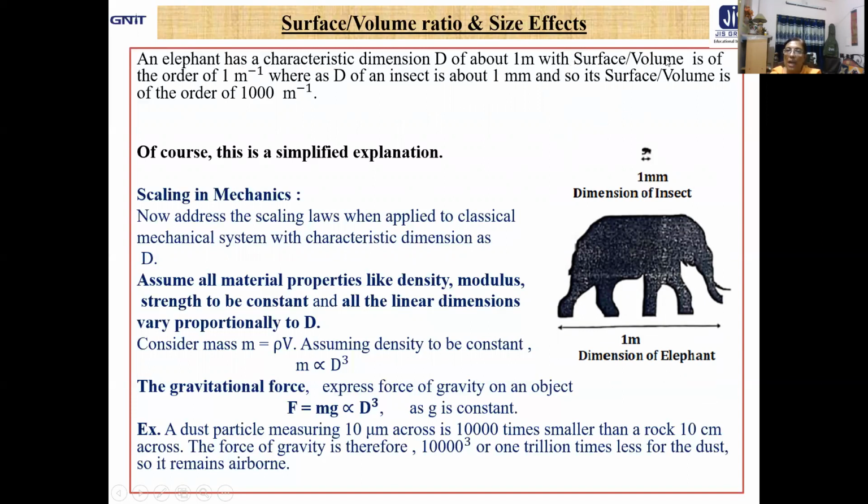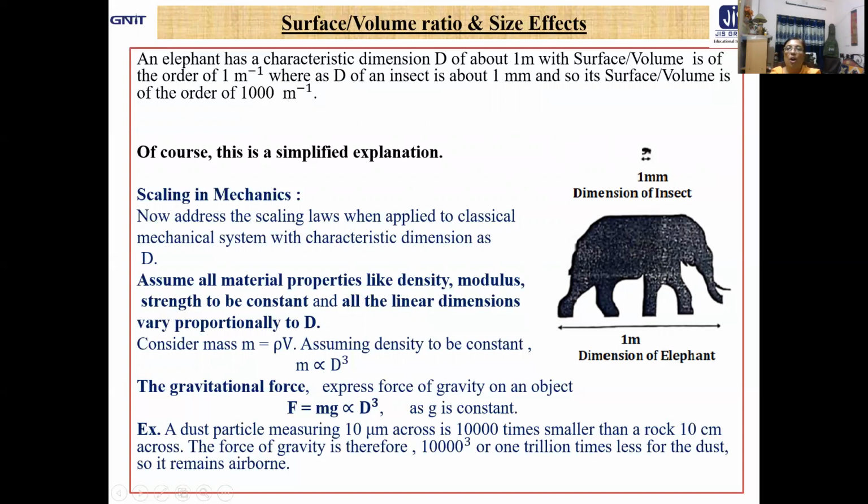That means surface to volume ratio for the elephant is 1 meter inverse, whereas that for the insect it is of the order of 1000 meter inverse, because its characteristic dimension is 1 millimeter and surface to volume comes out as 1 by d. So, for the elephant, mind it, the surface to volume ratio is 1 meter inverse, whereas that for the insect it comes out to be 1000 meter inverse.